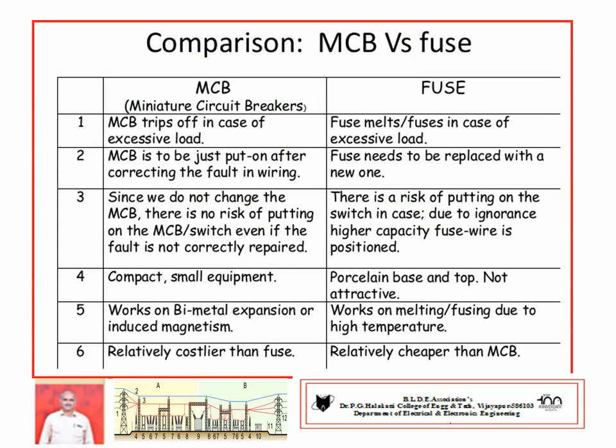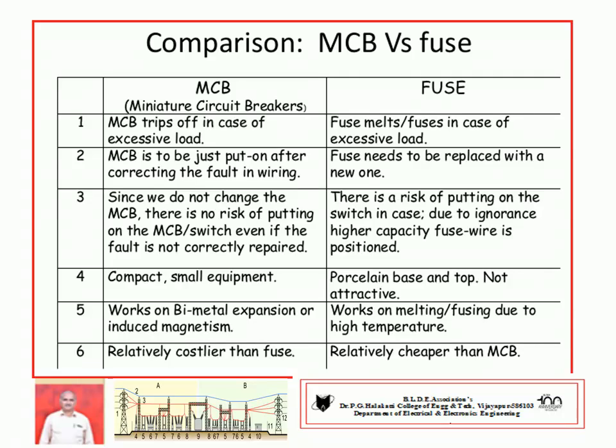Now you can see what is the difference between MCB and fuse. First of all, MCB trips off in the case of excessive load, short circuit or fault current. What about the fuse? The fuse melts and blows out during a short circuit or excessive load condition. Number 2, MCB is just put back on after correcting the fault, but the fuse does not have such a facility.